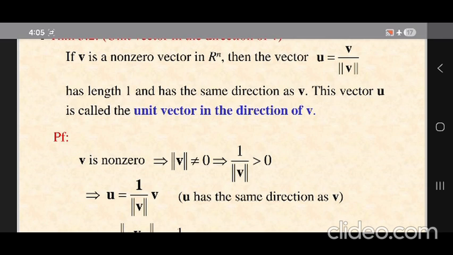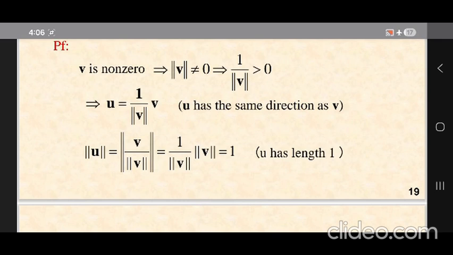A norm is only a positive value, so 1 divided by norm v is greater than 0. Then u equals 1 over norm v times v, so u has the same direction as v.